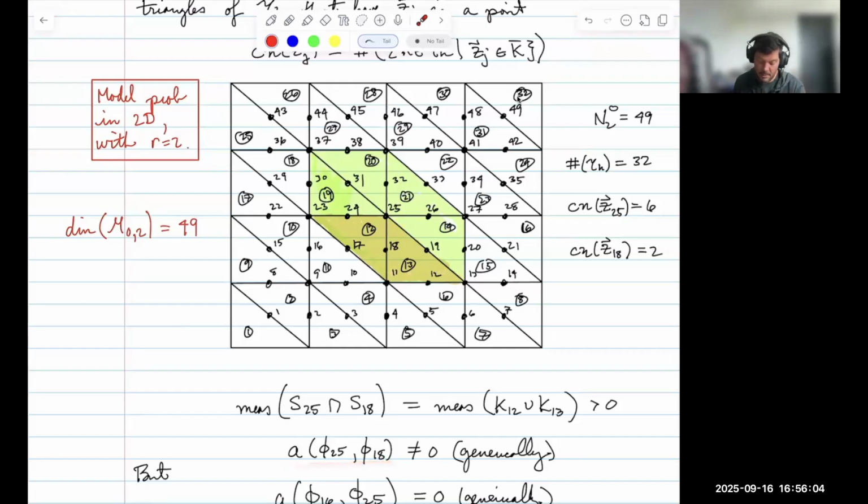Well, what we mean there is, is this entry going to be zero generically or non-zero? So for 2518, we're going to have to look at the support of phi 25 and phi 18. So here's 25, and the support is in this light green, mint green, okay?